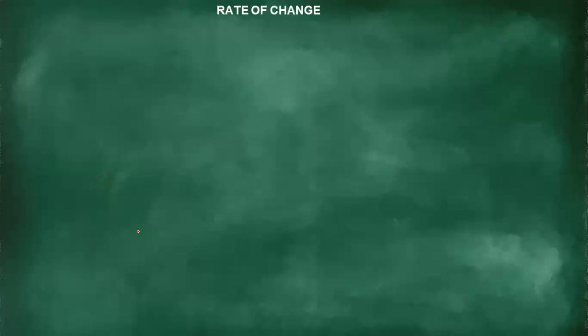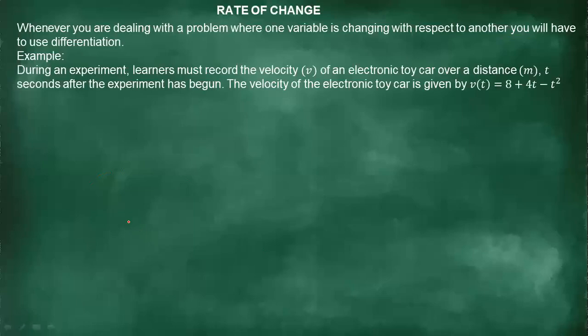Rate of change. When you are dealing with a problem where one variable changes with respect to another, you will always use differentiation. Now let's see an example so that we can understand that statement.